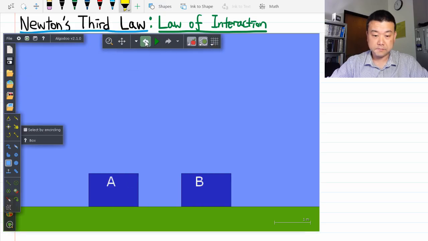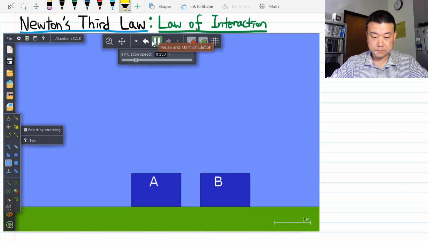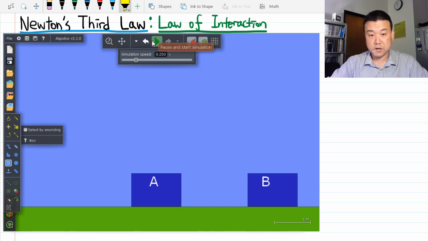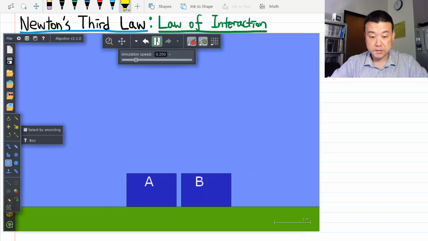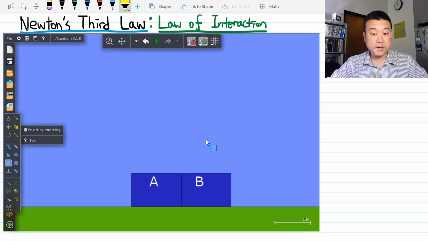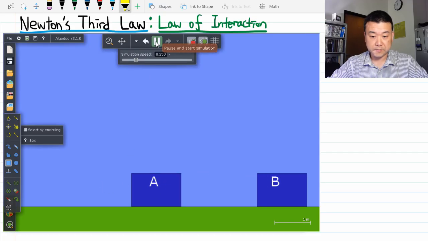Watch again. And that's because box A is being pushed to the left. So what Newton's third law is describing are the forces at this moment of interaction. So it says as A pushes B to the right, B pushes on A to the left. And this is the result you see.